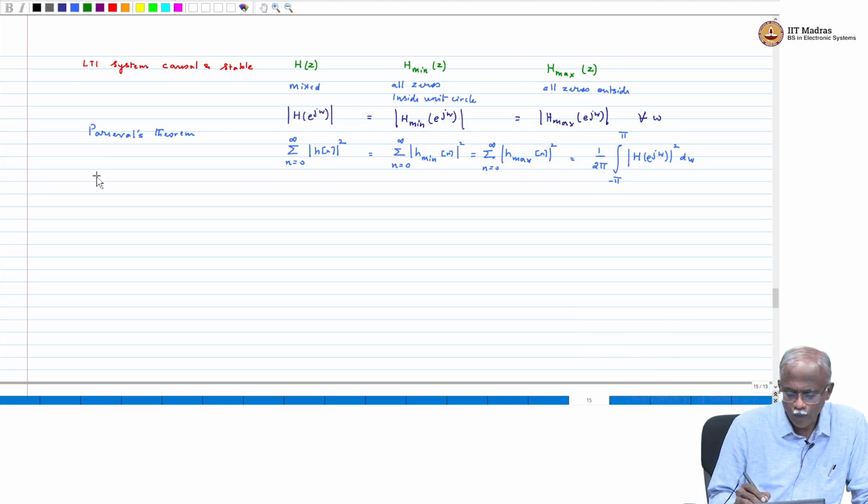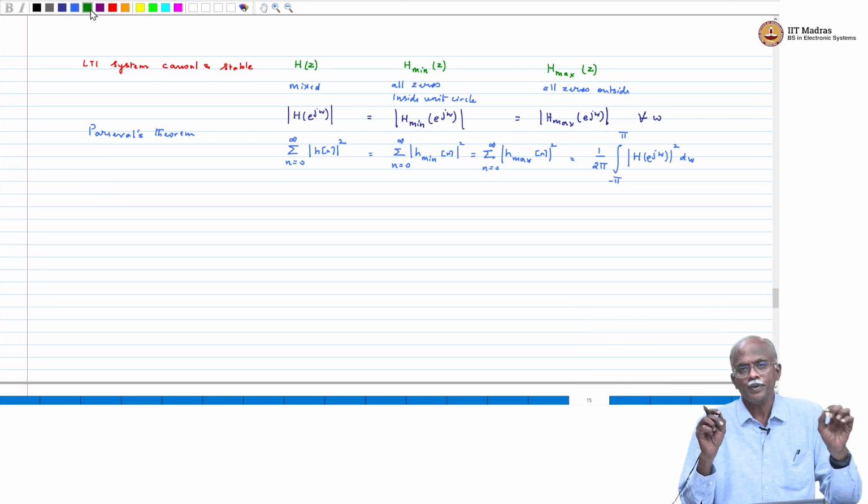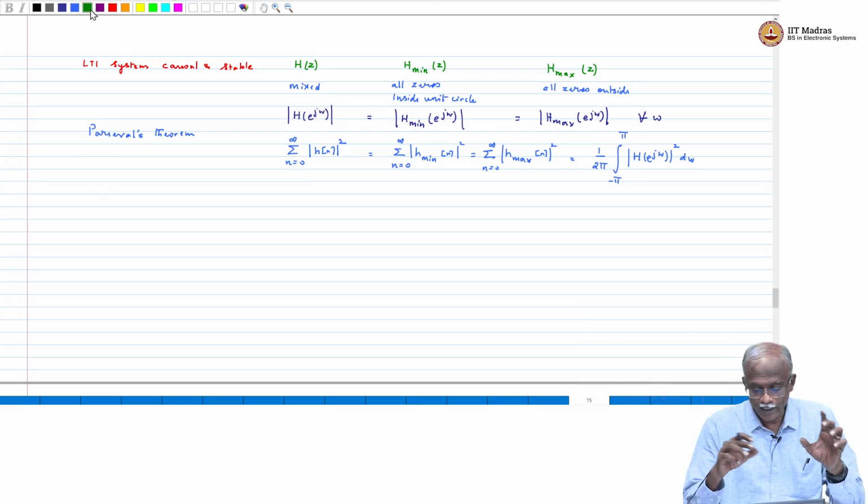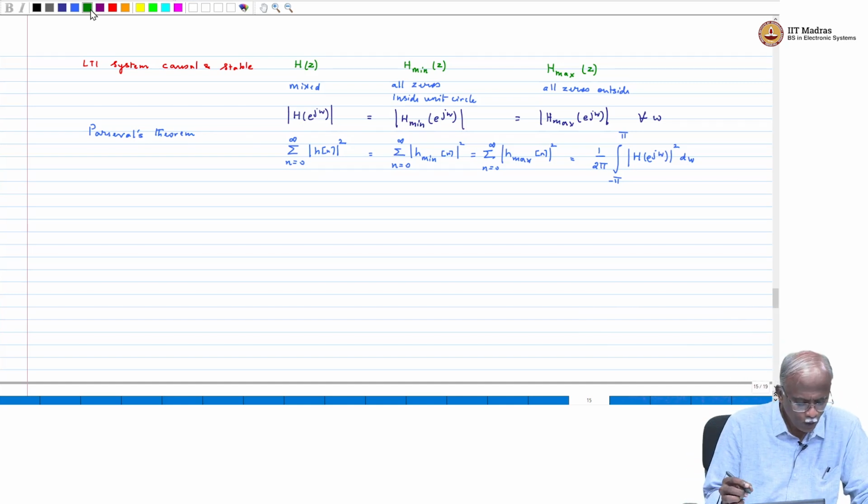Now we're going to state the important property. Again, we're stating a result without going through the details of the proof, but the proof of course is there in Oppenheim and Schafer. So, partial energy, how do we define that? For the mixed zeros transfer function, let's call that E of n.